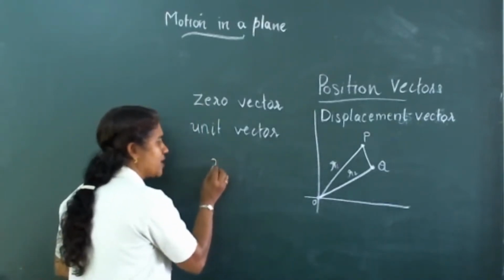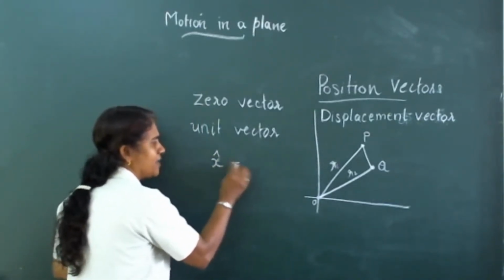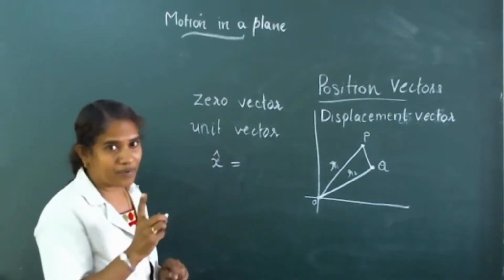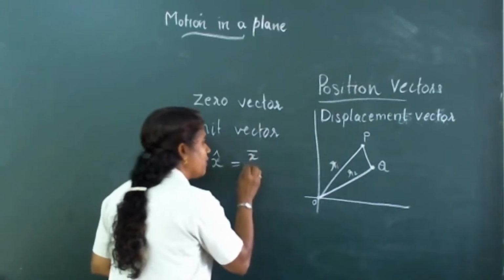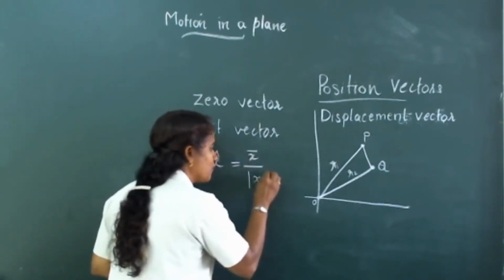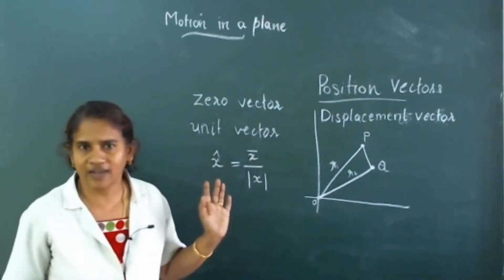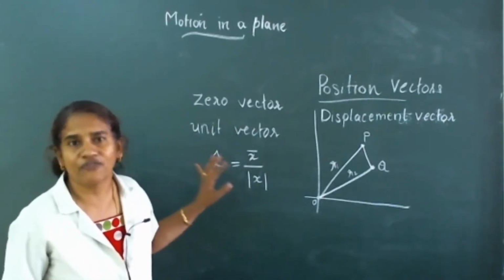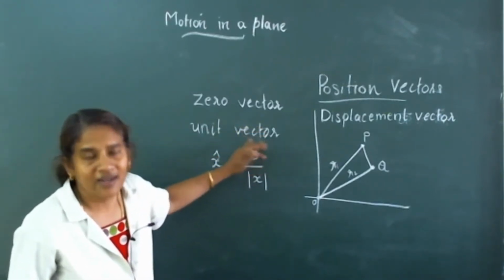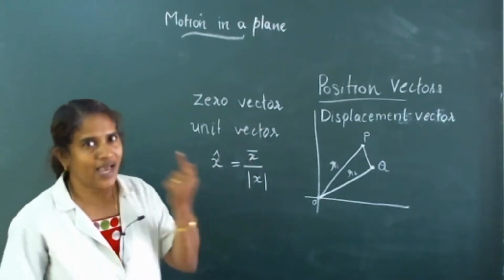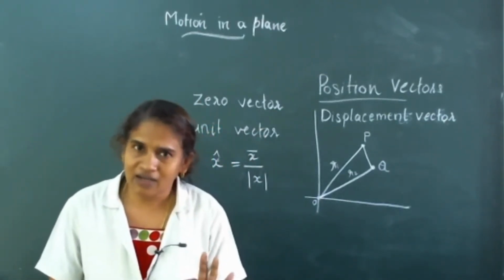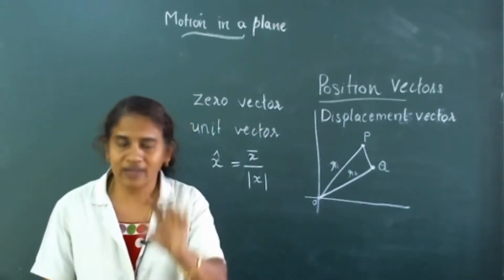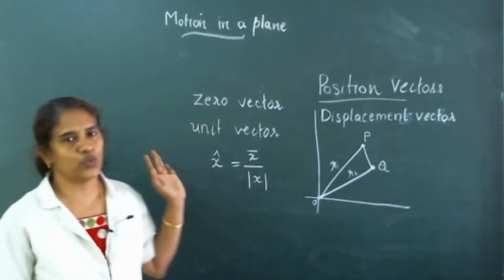A unit vector, represented with such a symbol called cap, x cap, is equal to the vector divided by modulus of that vector. Maths, you have studied the definition. This is the definition of a unit vector. A vector divided by its magnitude, then the answer will be 1. So, if the vector whose magnitude is equal to 1, then it can be called as unit vector.